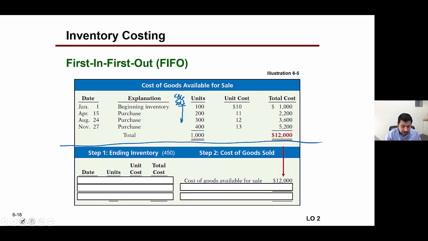Which also means that for the ending inventory, you expect to be left with the latest ones, and then you go backward. Ending inventory, think about it this way.